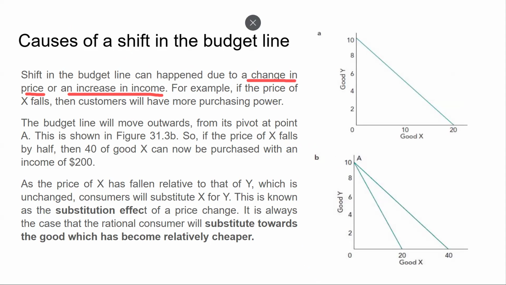If it is because of an increase in income, it will be a parallel shift. But if it is a change in price, it will be pivoting.